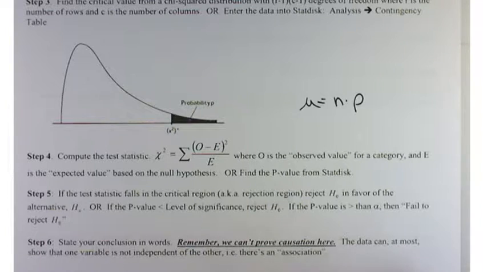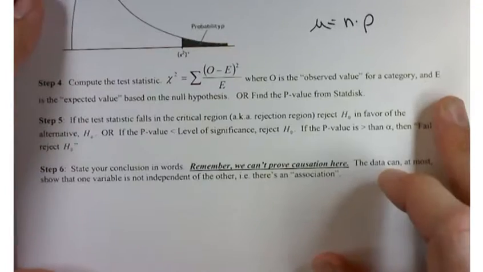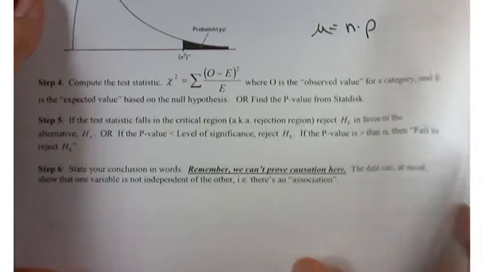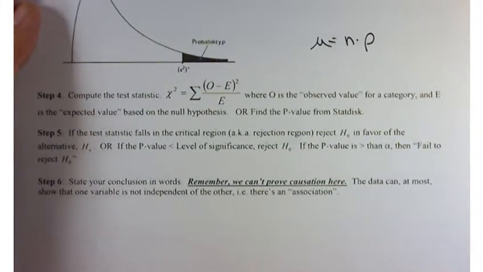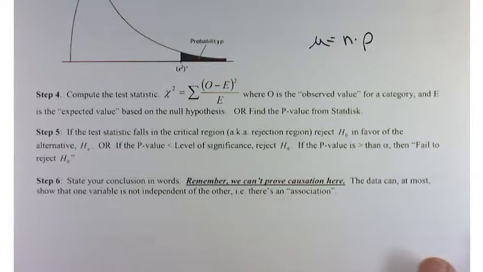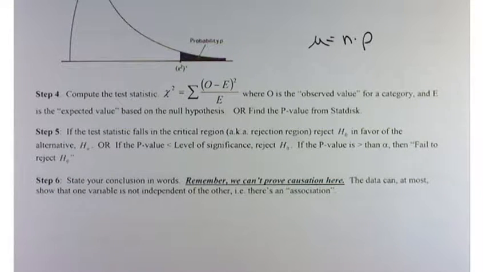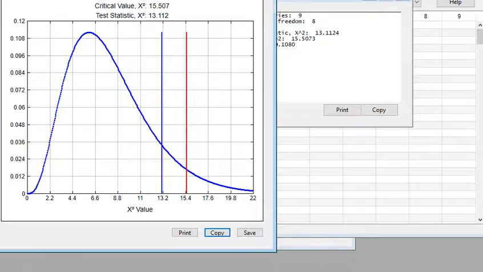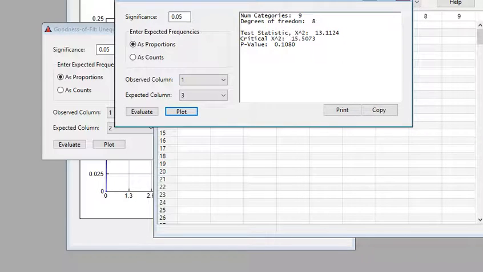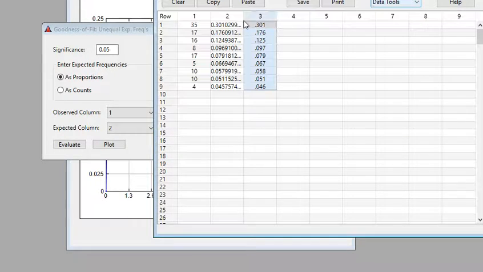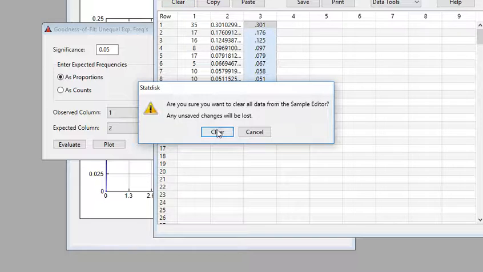All right. So let's plug this into StatDisk, and you're going to plug in the columns of data, and then we're going to pick a different test this time. So let's see here. We'll close out these. I can clear out this data.